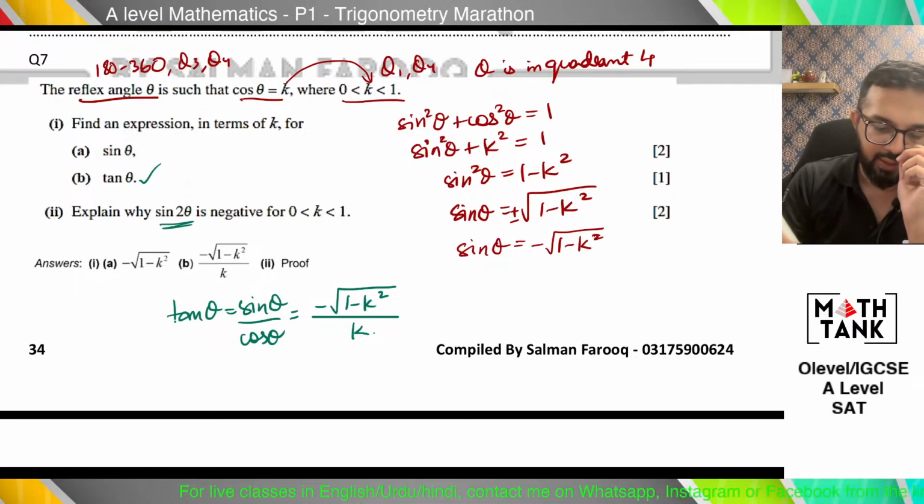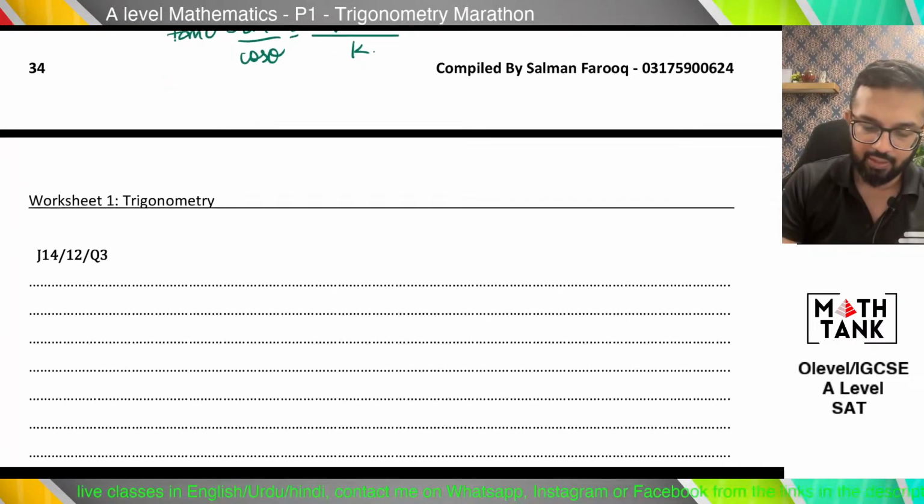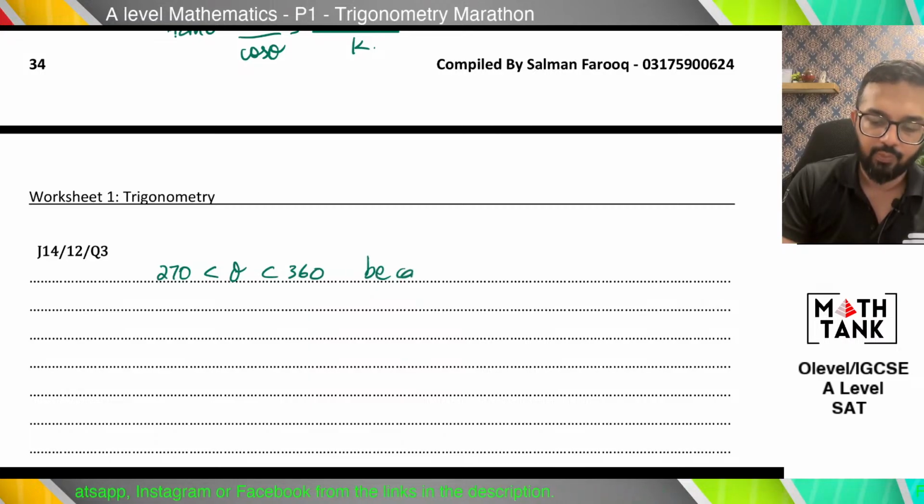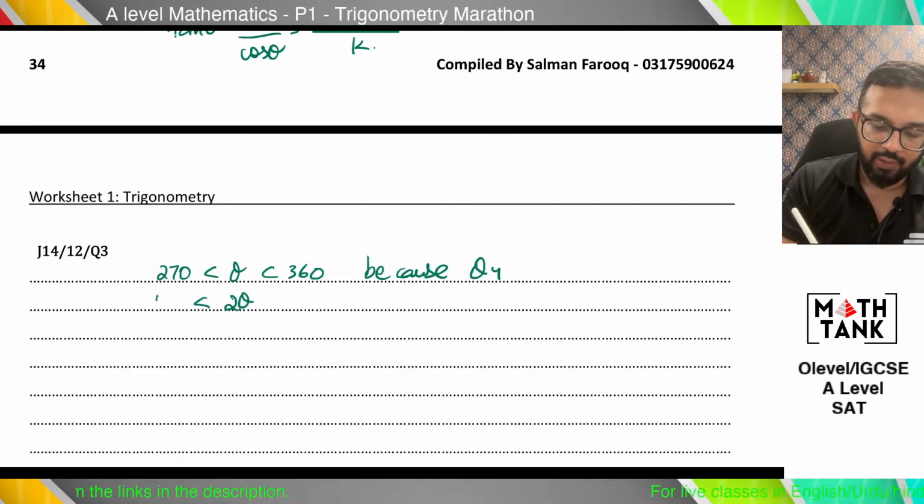It says explain why sine 2 theta is negative. For that explanation, I'm going to say that theta was between 270 and 360 because it is quadrant 4. So 2 theta is going to be between 540 and 720.